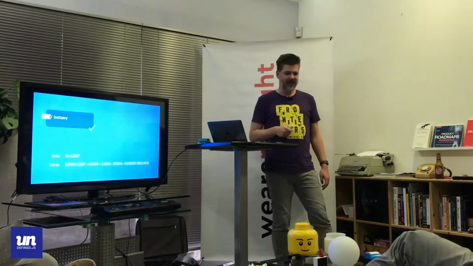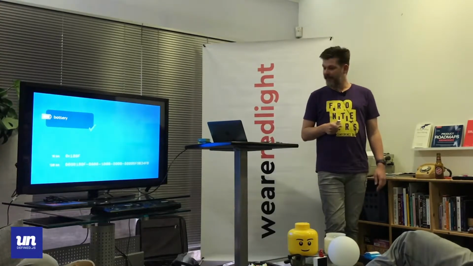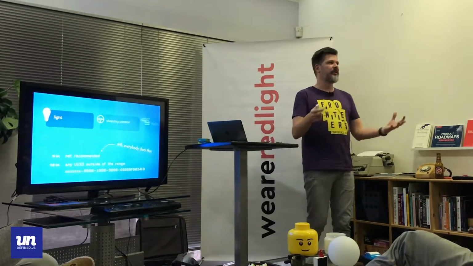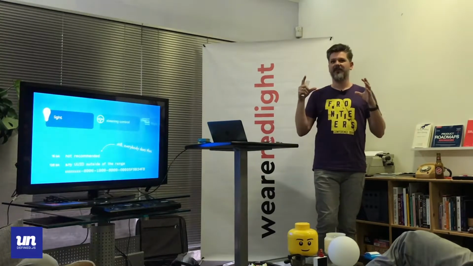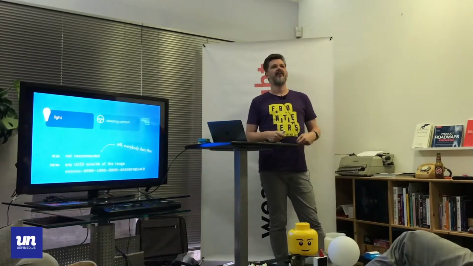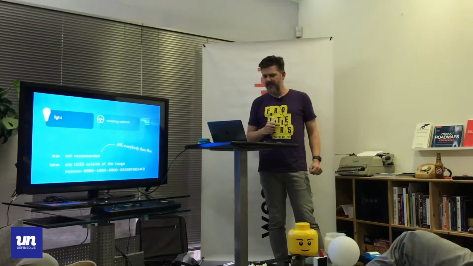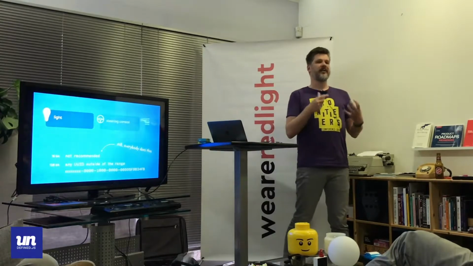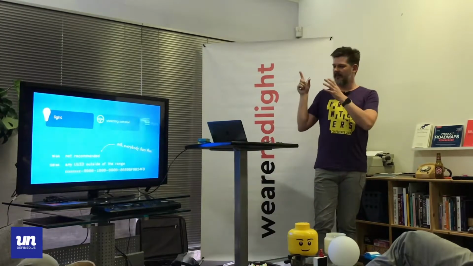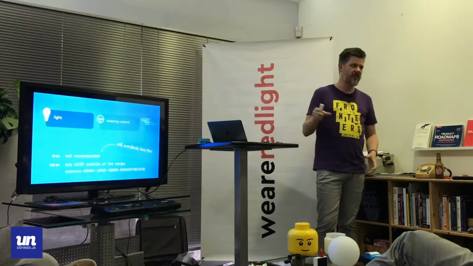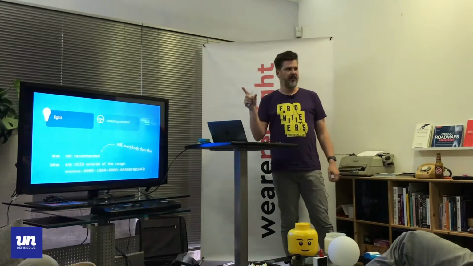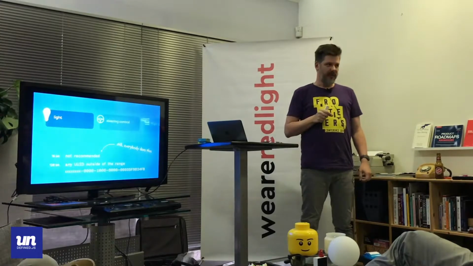We have battery service, which is 180F. And light, well, that wasn't a standard, so it doesn't have a standardized UUID. They have to pick one themselves. And it has to be a UUID of 128 bits, and it has to be outside of this specific range, because this range is used for the standard. They can't use 16-bit, but they do anyway.